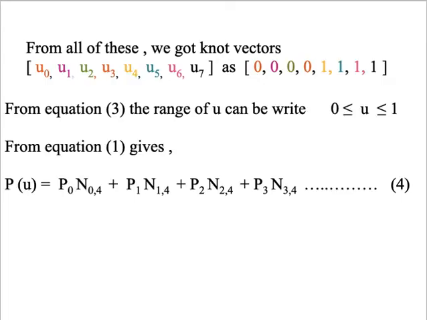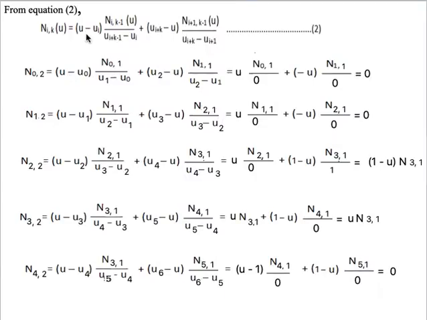So come to here, you will understand that, see, N0,2, that is I equal to 0 and k is 2. So u minus ui is u minus 0, and Ni,k minus 1, k is 2 here, k minus 1 is 2 minus 1 is 1.